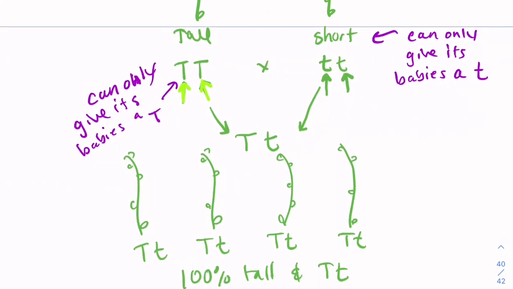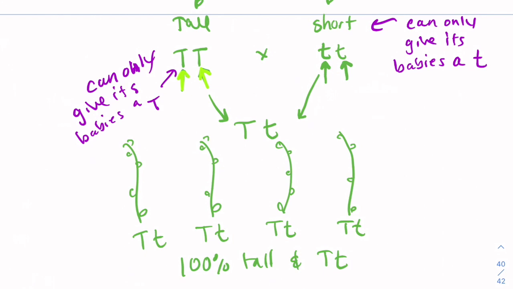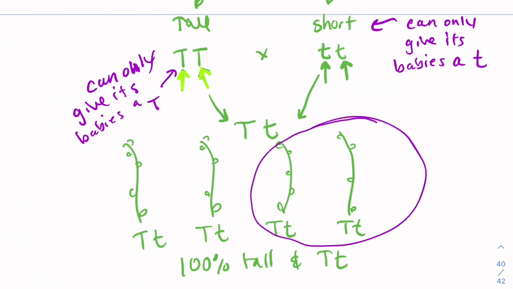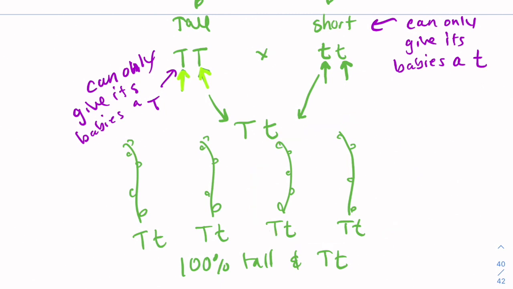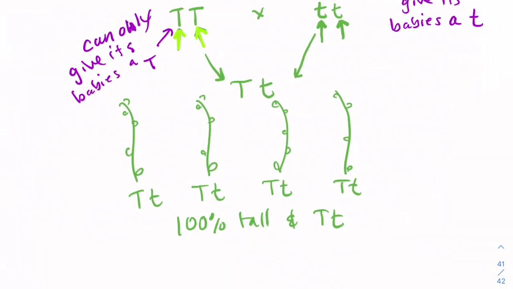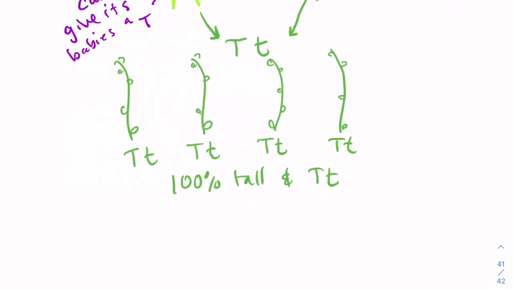Things get a little more complex when Mendel bred two of these heterozygous plants together. In this case, let me move this here. When these two are crossed, this plant here, I'll just color it in purple.